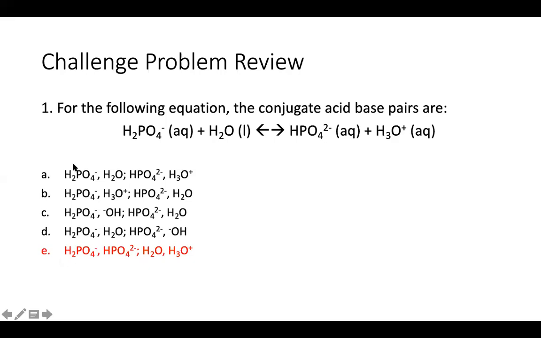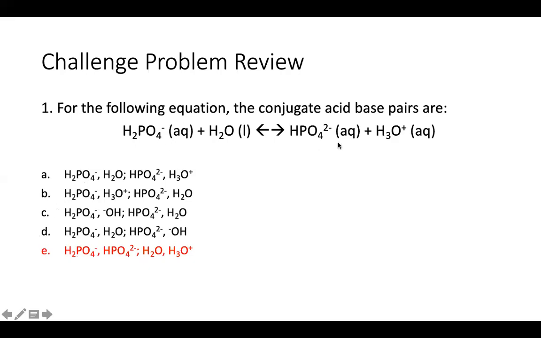Okay, so in all the options, the first thing listed is dihydrogen phosphate, which is on our reactant side, and that's going to act as our acid, right? And I know that in commas next to it, I need to look for its conjugate base, because the acid, once it loses that proton, becomes a conjugate base.